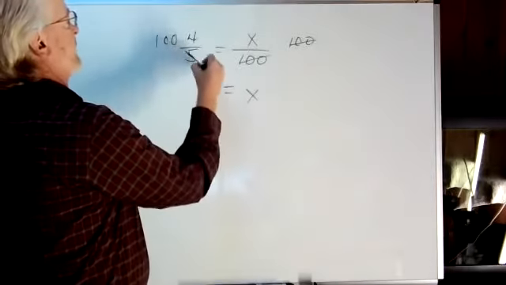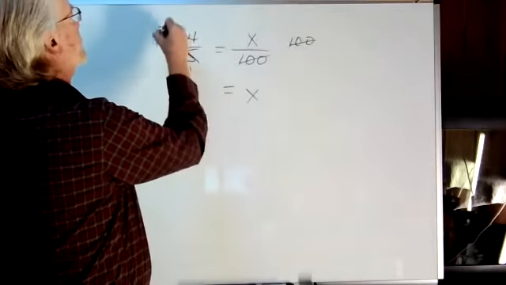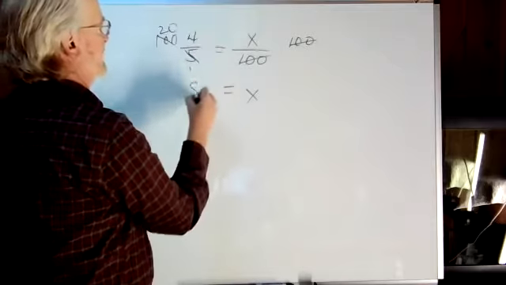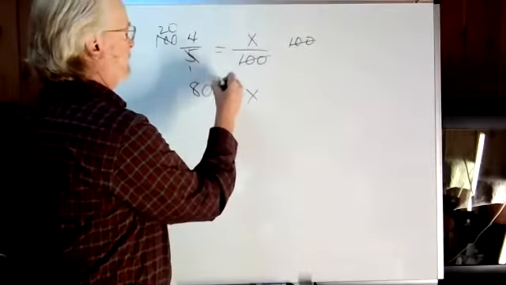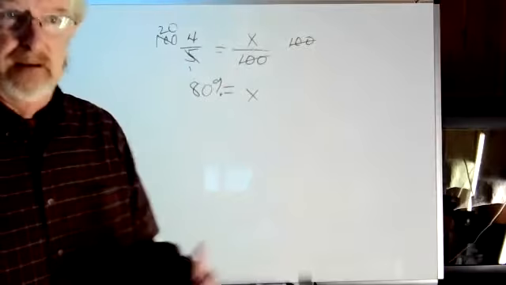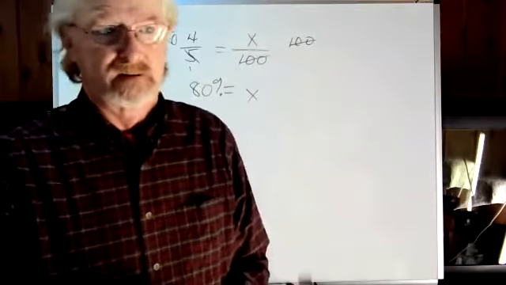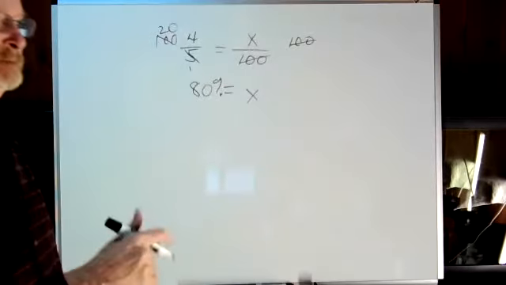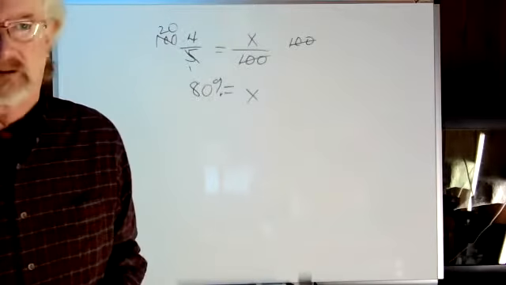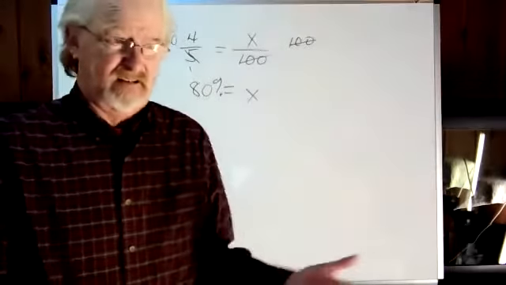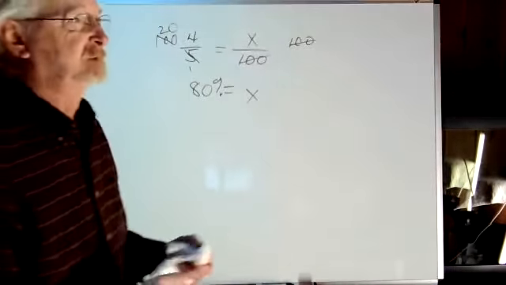I might cancel out the 5s and get, 4 times 20 is 80. So as a percent, 4/5 is 80%. 80 parts out of 100. So a percent is just a way to relate it to parts out of 100. Dealing with dollars, that's nice because cents are all parts out of 100.